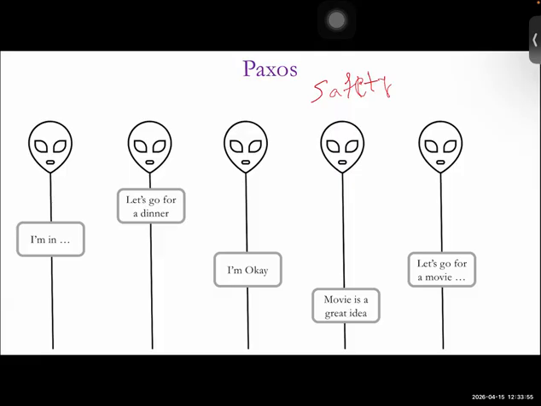Paxos guarantees safety, which means no two nodes decide different values. And Paxos also guarantees liveness.